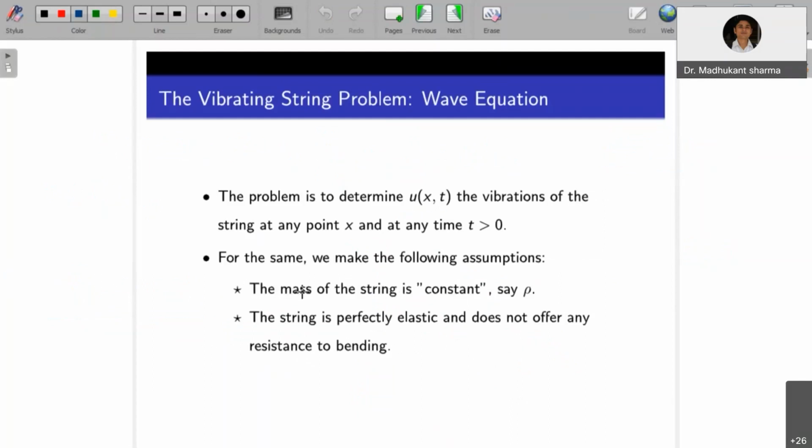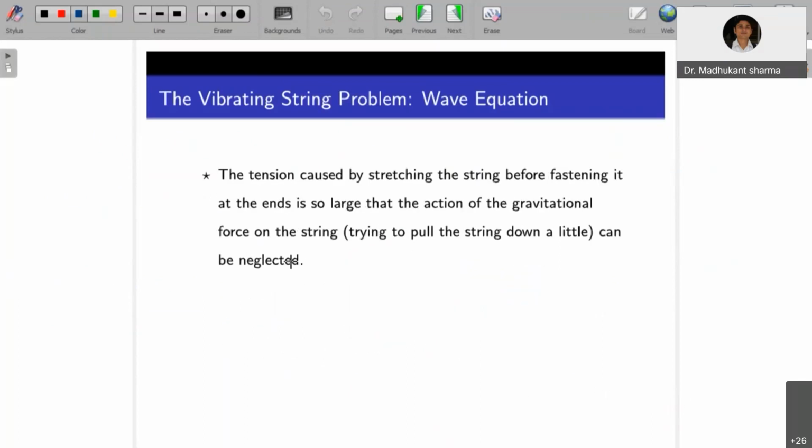So we make the following assumptions. The mass of the string is constant, say rho. Further, the string is perfectly elastic and does not offer any resistance to bend. Now, the tension caused by stretching the string before fastening it at the ends is so large that the action of the gravitational force on the string can be neglected.